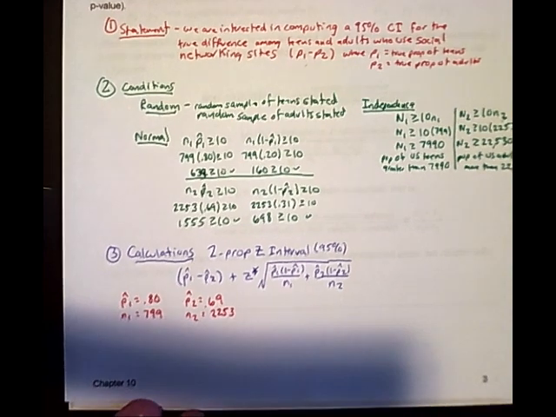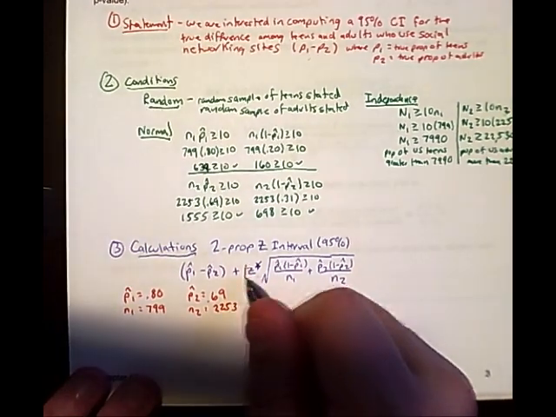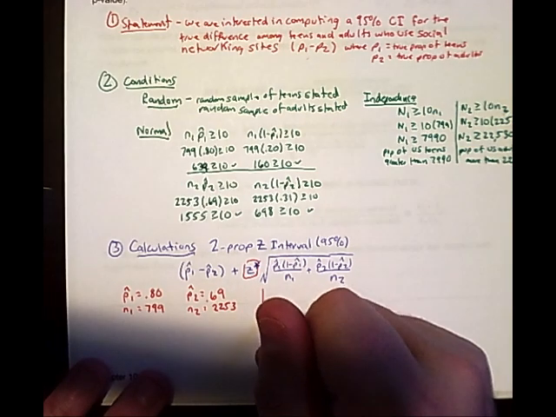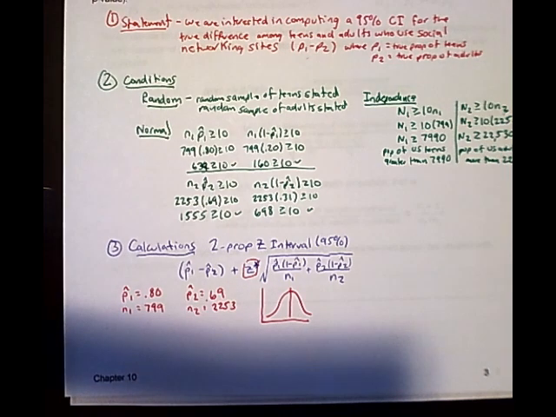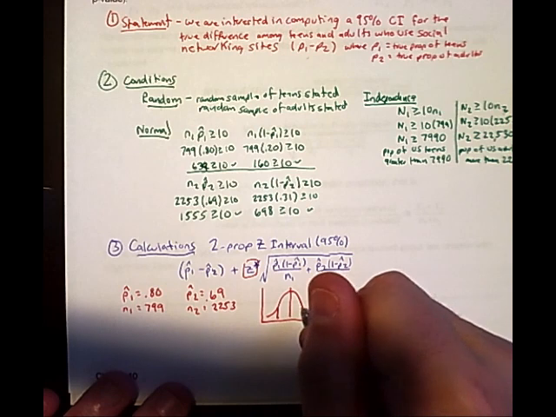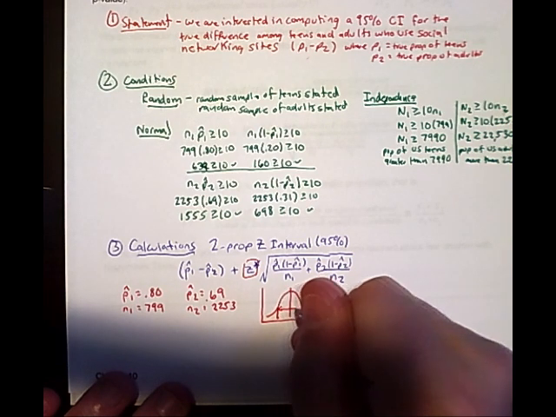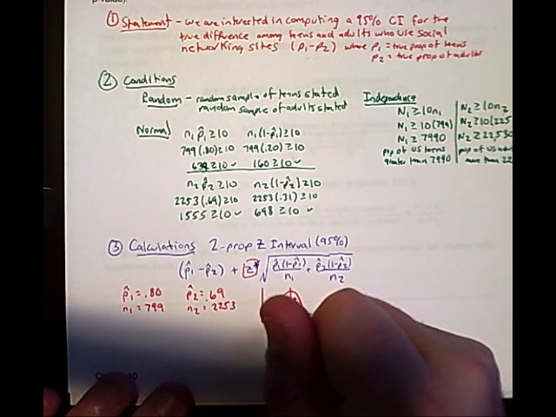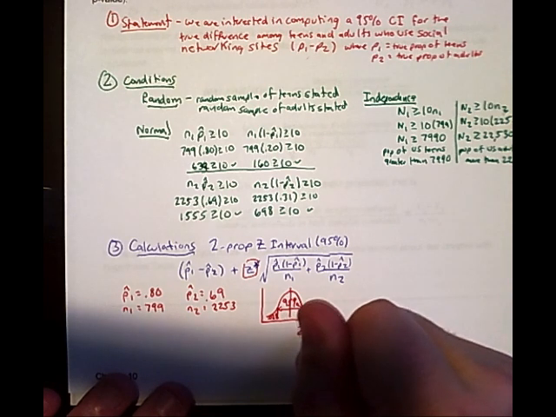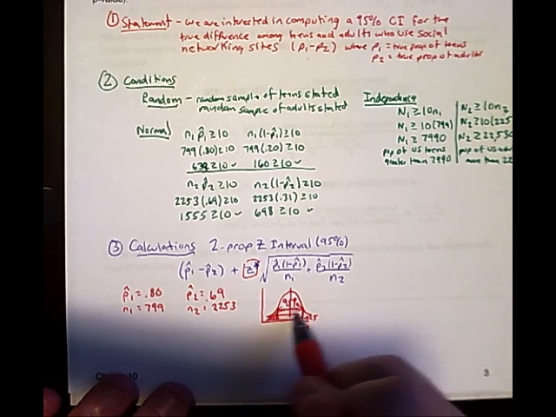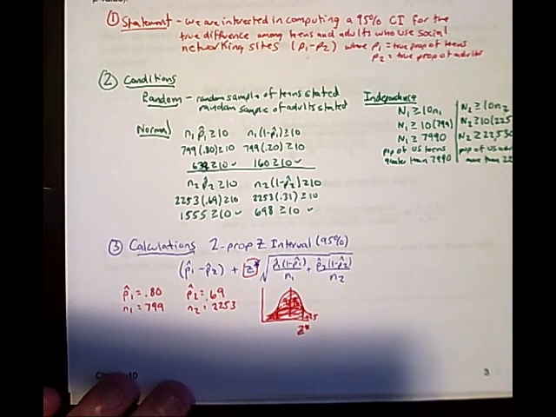So to calculate, we're also missing z star. On my graph here, we already said the sampling distribution was approximately normal. We want 95% between these values, so there's 2.5% left in each tail. When we find this z star, it's actually going to be the left area of 95 plus 2.5, which is 97.5.